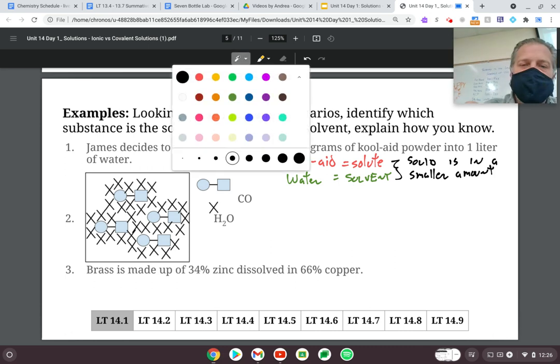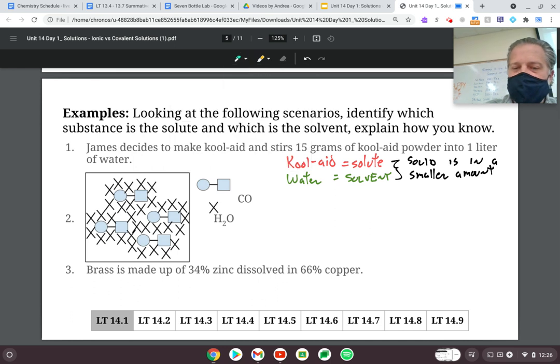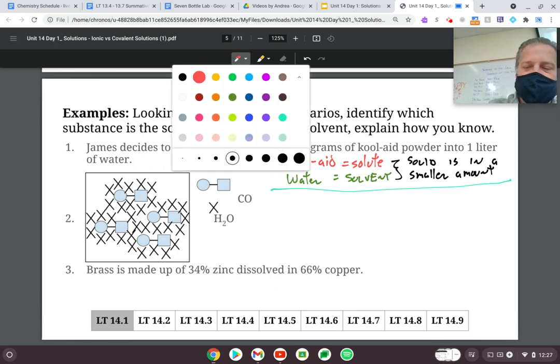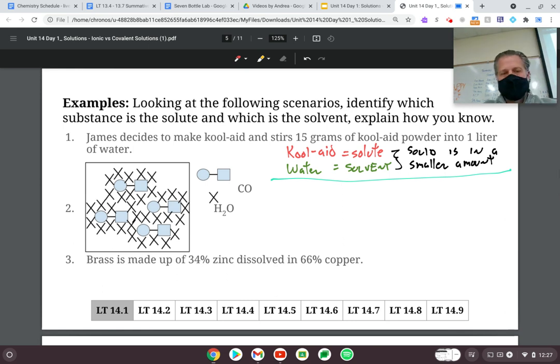So that's one example. Another example would be this picture, which might make it easier to see solute versus solvent. Here we have CO, which is carbon monoxide, and H2O, which is your water. It looks like in this case the CO, the carbon monoxide, is surrounded by water particles, and the CO is not touching another CO molecule.